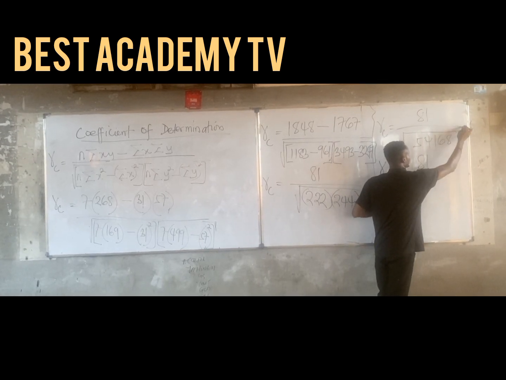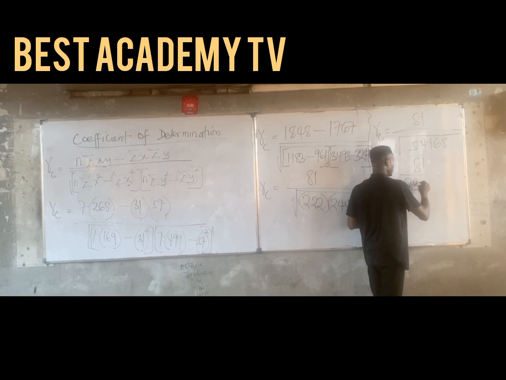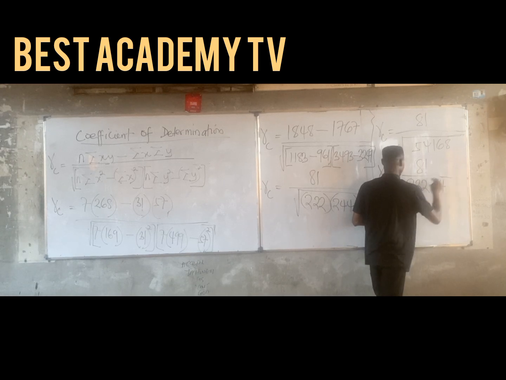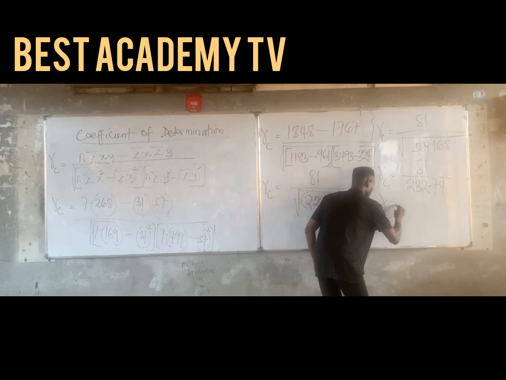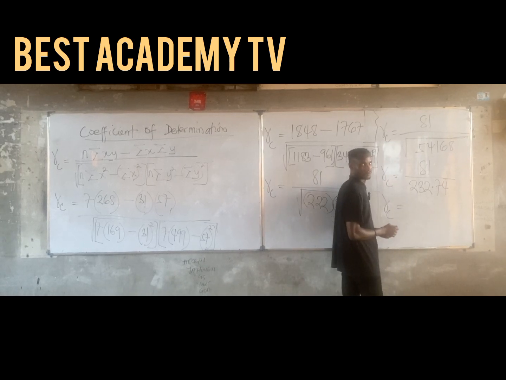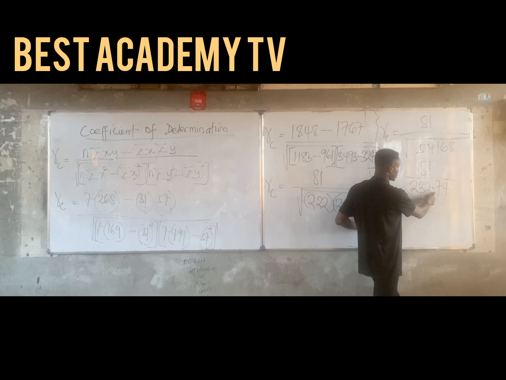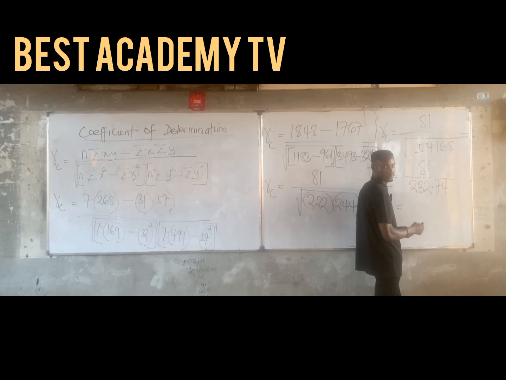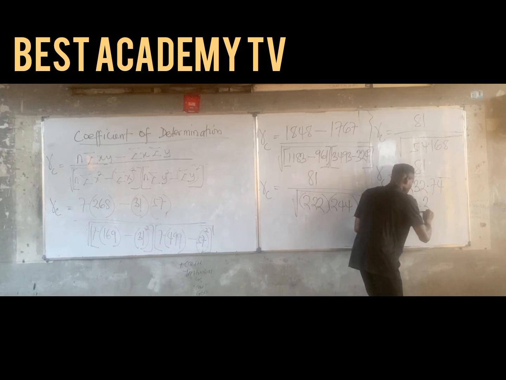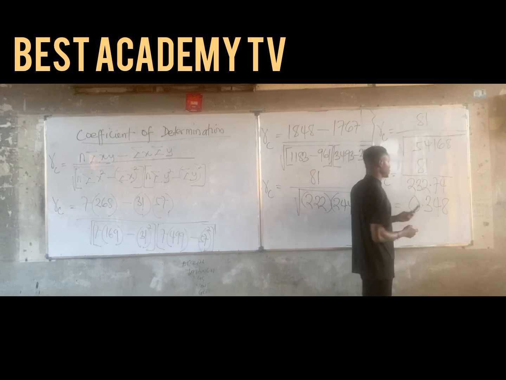What is our result there? 232.74. So finally arrow C here will be equal to, class, punch your calculator, 81 divided by 232.74, which is 0.348. Okay, I have this to be 0.348.